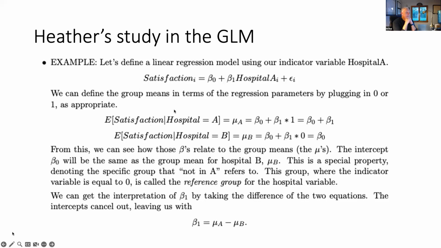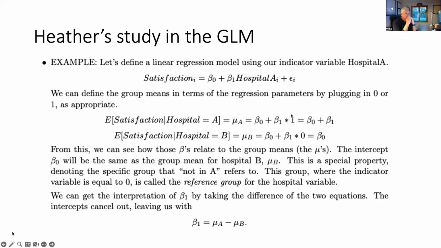So in this formulation, the mean satisfaction for hospital A, we would find that by taking expectations of both sides of this equation. Right? You can see here, given that we're dealing with hospital A. So the way this works is, here's the magic. Our data point for a person in hospital A is a 1.